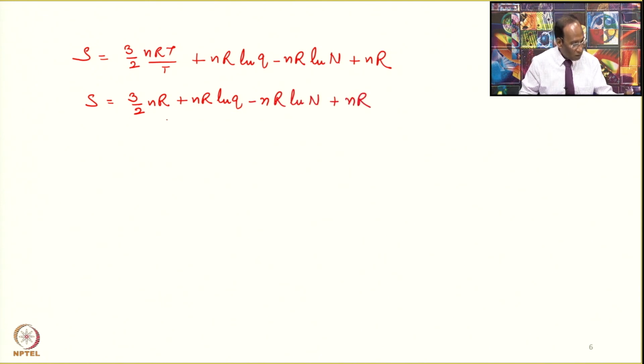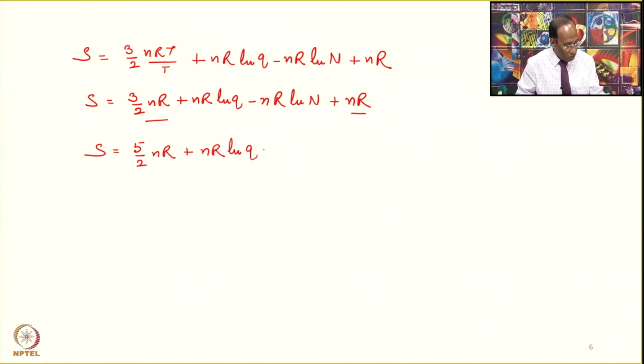I can combine this 3/2 nR with this nR. So 3/2 plus 1 is 5/2 nR plus nR log Q minus nR log n.